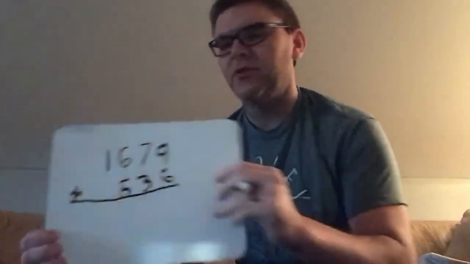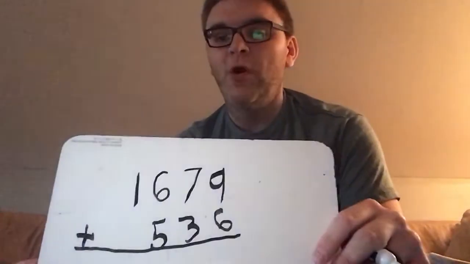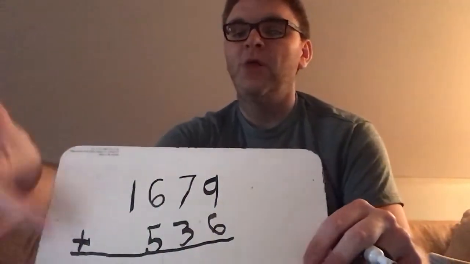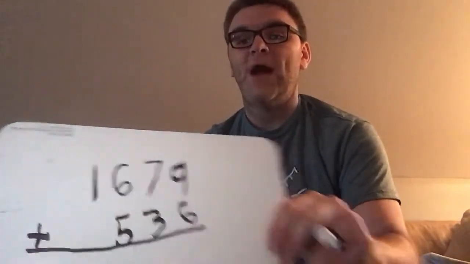Add it. Now, here's a couple things we need to look at that we need to remember because these are important. Now, first of all, 1,000, even though 1 is smaller than 5, needs to go on top because 1,000 is bigger than 500. And again, I forgot my comma, so I'm going to get that in there.